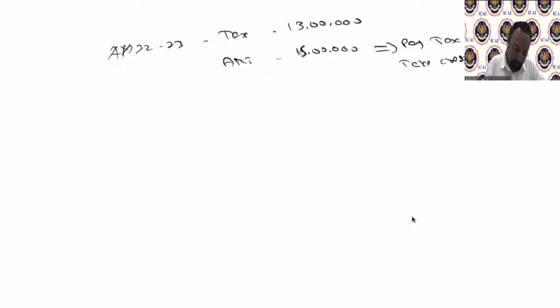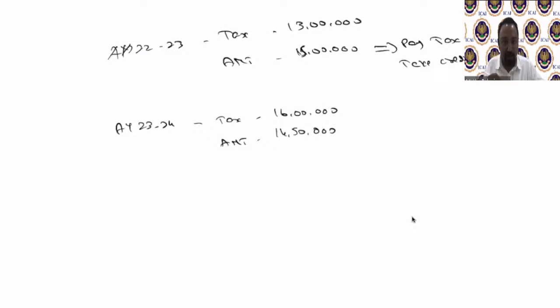Now, in assessment year 23-24, I have regular tax of 16 lakhs and AMT of 14 lakh 50,000. Now I can utilize the credit available here.